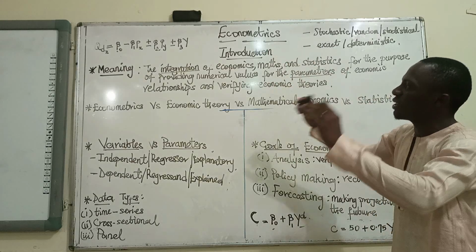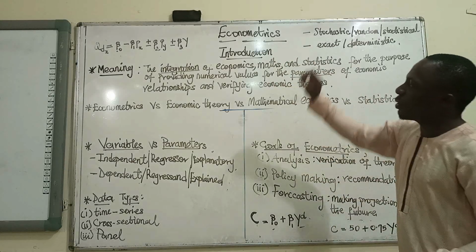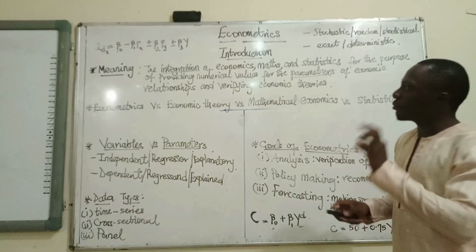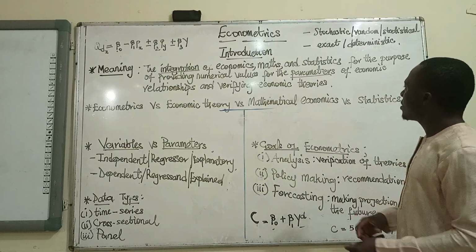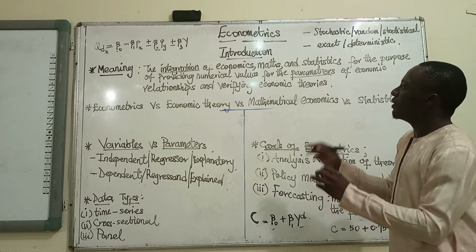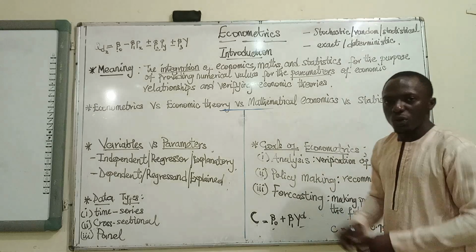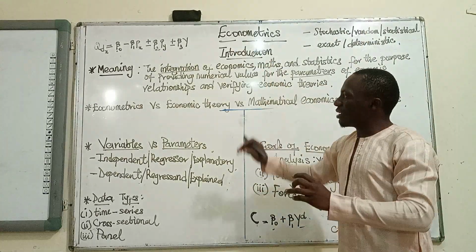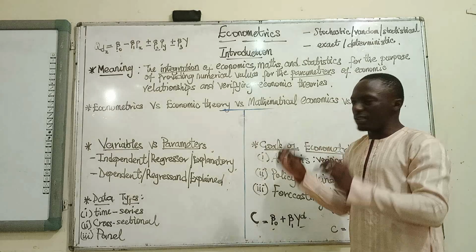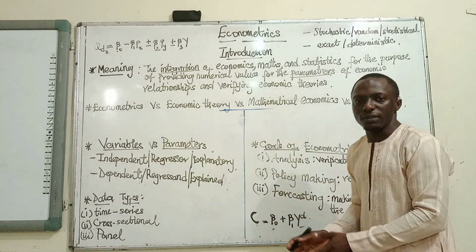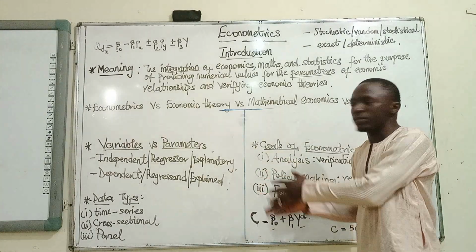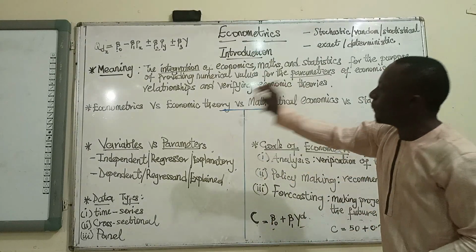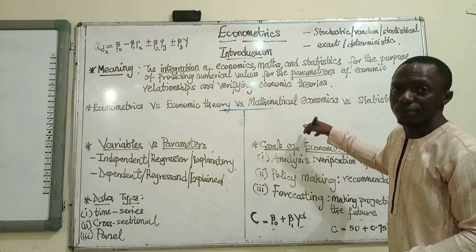So econometrics involves the integration of economics, mathematics, and statistics for the purpose of providing numerical values for the parameters of economic relationships and verifying economic theories. You can explain it in this sense: economic theory is a subset of econometrics. The same thing also with mathematical economics, the same thing also with statistics. So econometrics involves the combination of the triad.